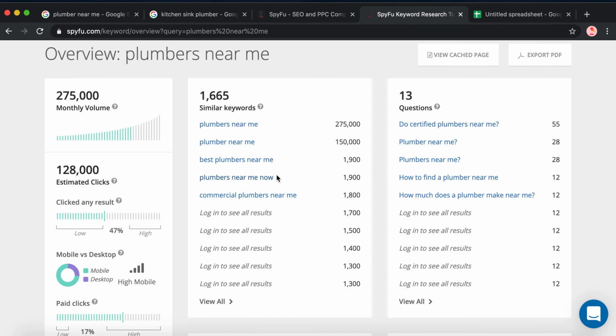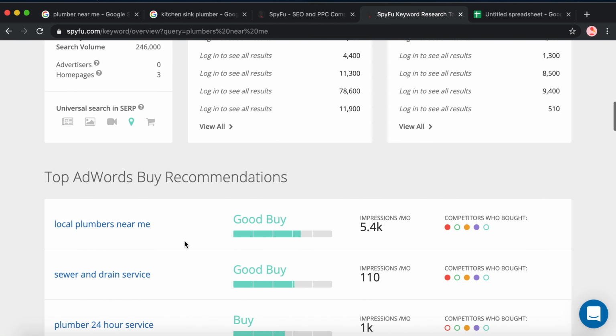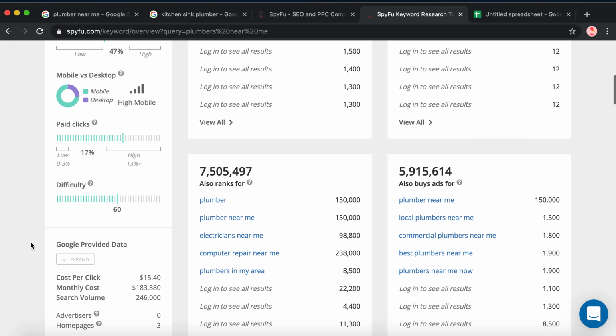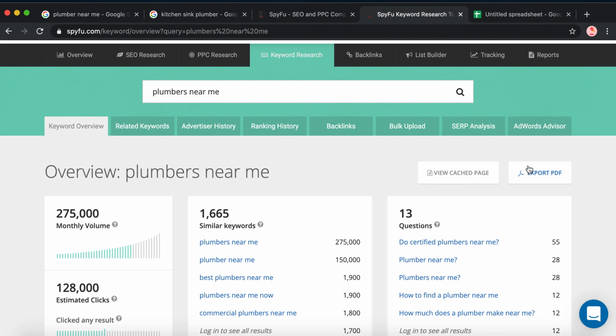For example, some people need it now, so plumbers near me now, things like that. Some things that you might not even think about, and it's just great to get as much data as possible before you start launching.